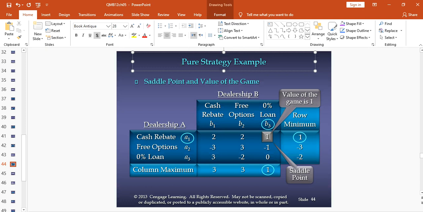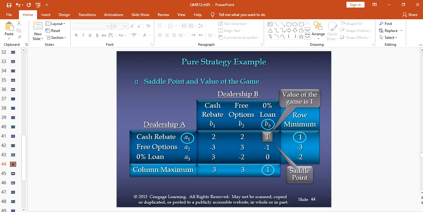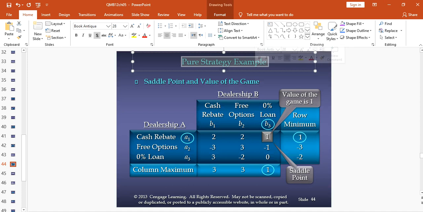If there's a saddle point, or the value of the game is here, if there's a saddle point, intersection point, equilibrium point between the strategy of dealership 1, player 1 and player 2, and if the minimum of the maximums of the columns equals to the maximum of the minimum of the rows, then we should go for pure strategy.